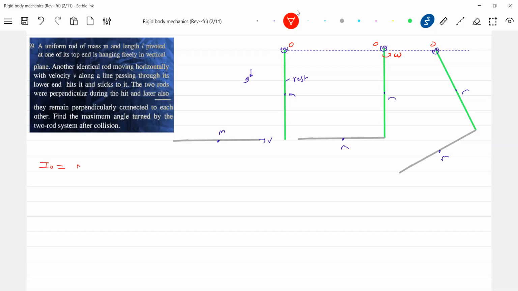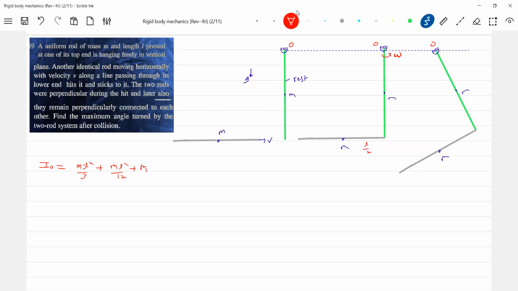I_O should be equal to M, length is L, ML² by 3, plus ML² by 12, plus M into, what is the distance going to be? L by 2. This will be L by 2, no?